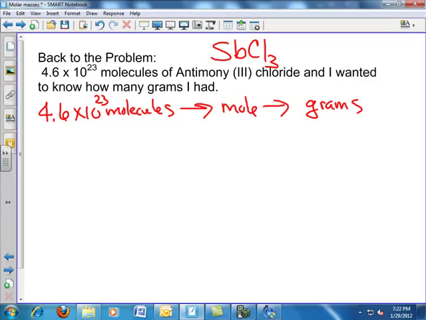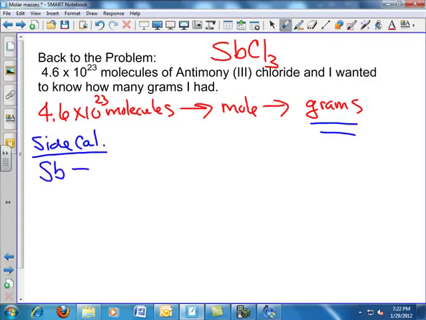Now, because I need grams, I'm going to have to do my sidebar calculation. Okay, and my side calculation, again, is going to have to be the molar mass of antimony chloride. So, antimony, I have 1 of those, and its mass is 121.7.